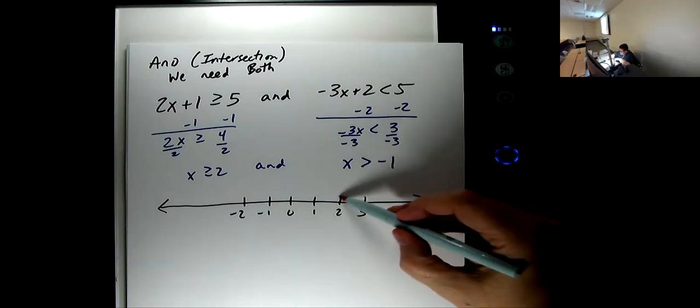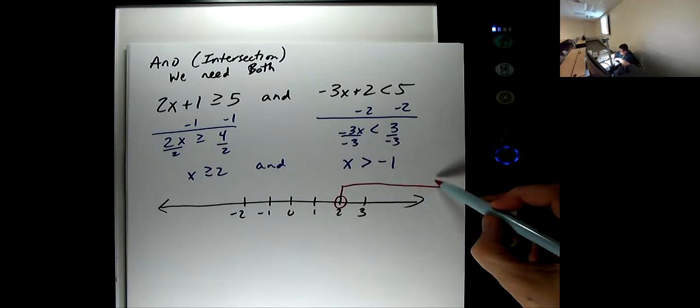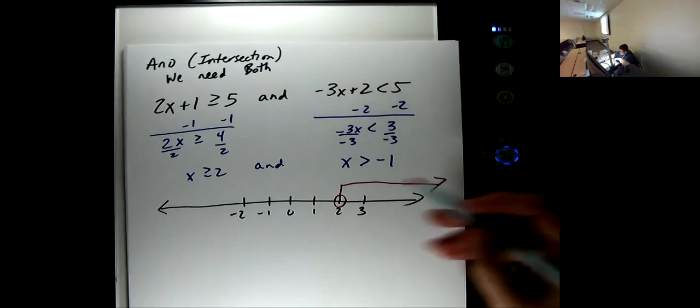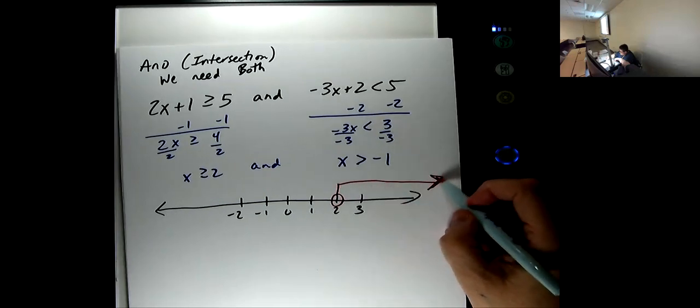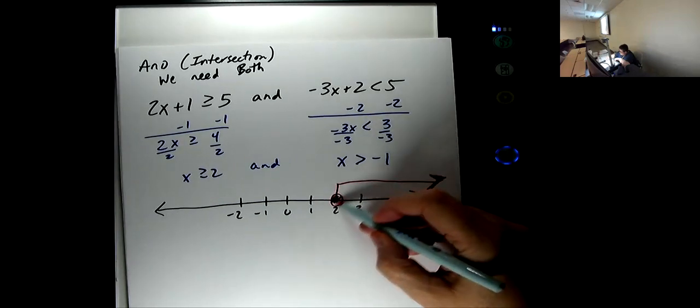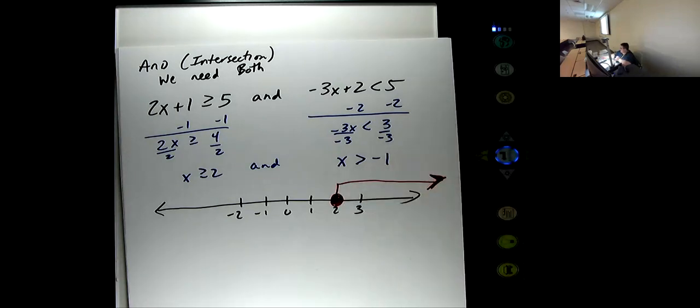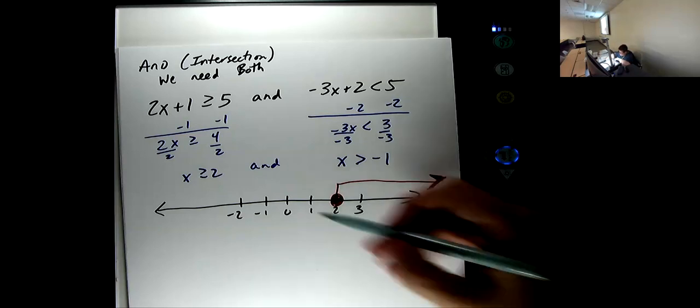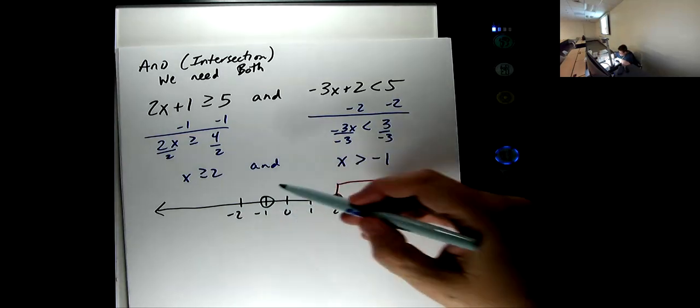X is greater than or equal to 2 goes to the right. And since it's greater than or equal to, we fill it in. We include the 2. X is greater than negative 1 is here.